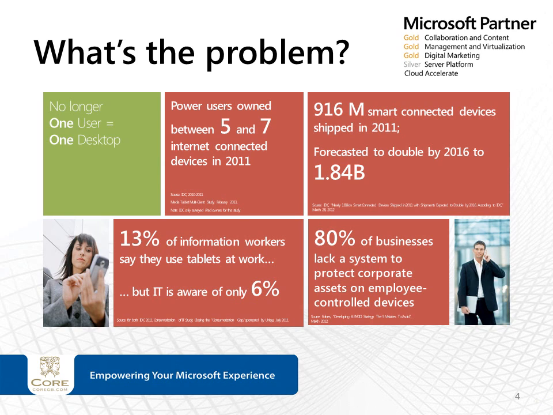In 2011, 13% of employees told IDC that they use tablets at work. Yet, the organisations they work for believed that number was closer to just 6%. And even more concerning is that an estimated 80% of enterprises lack any type of system at all to protect corporate assets on employee-owned devices.